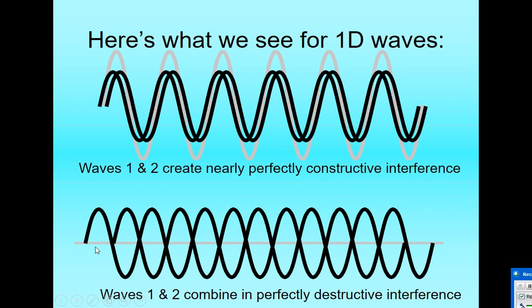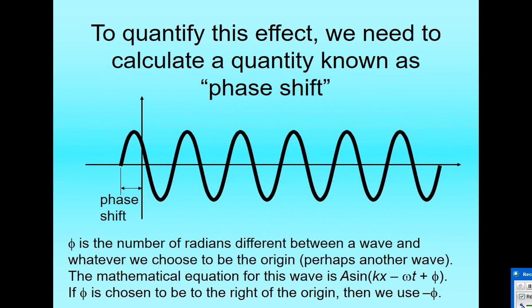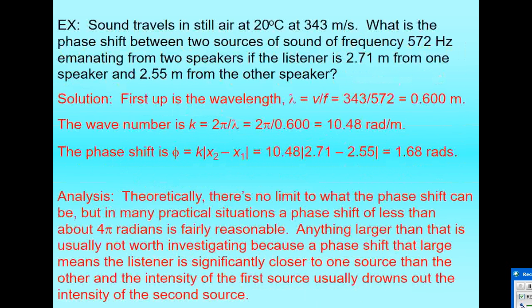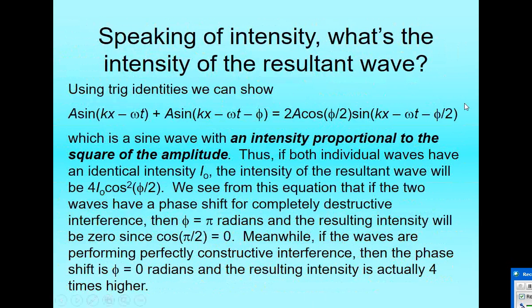They are out of phase by pi radians, by 180 degrees. If my phase shift is pi radians, I'm taking the cosine of pi over 2, and the cosine of pi over 2 is 0. And so the amplitude of the combined wave is 0. And that's the situation of destructive interference.